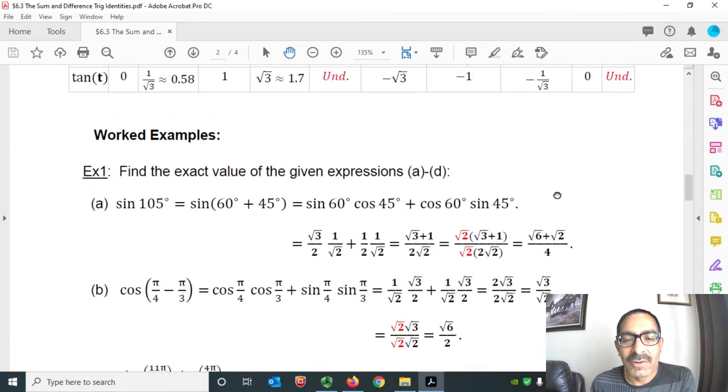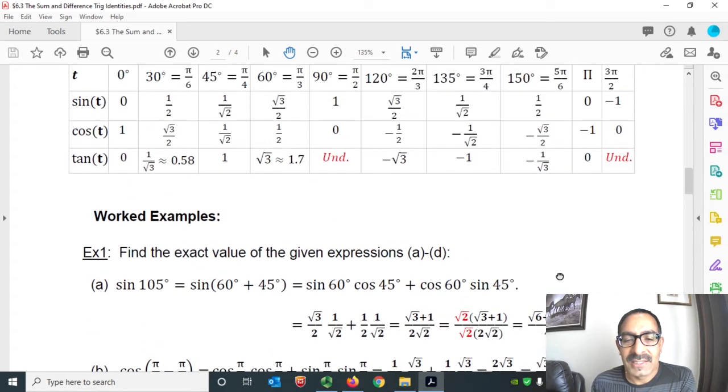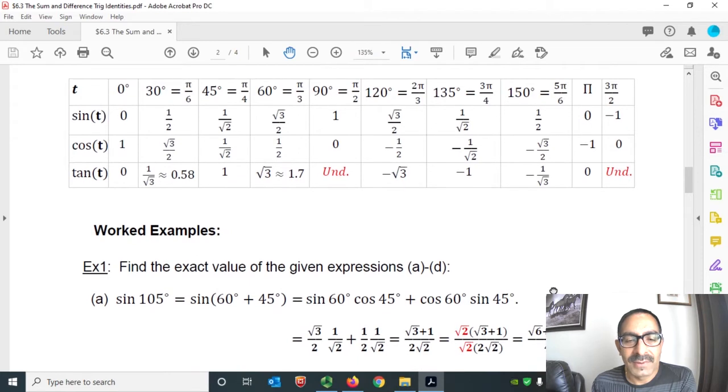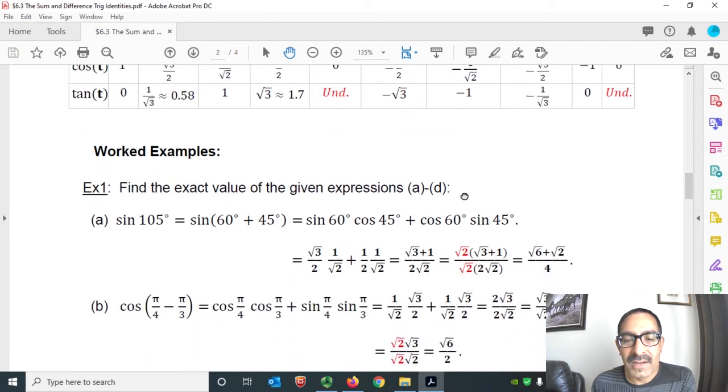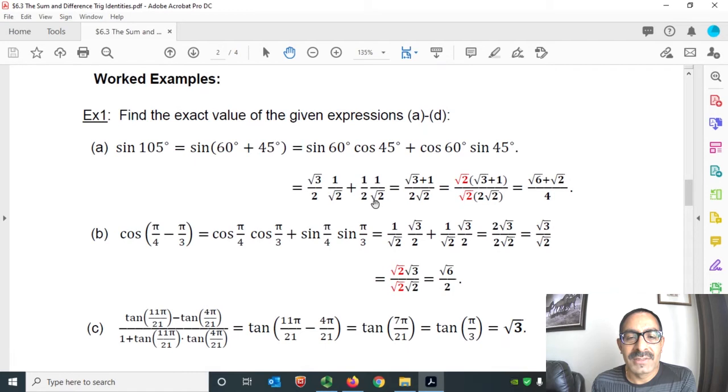Now let's plug in the values of sine 60 degrees and cosine 45 degrees from this table. Sine 60 degrees is radical 3 over 2, cosine 45 degrees is 1 over radical 2. In the second term, cosine 60 degrees is 1/2, and sine 45 degrees is 1 over radical 2. With those values, we have these expressions here.